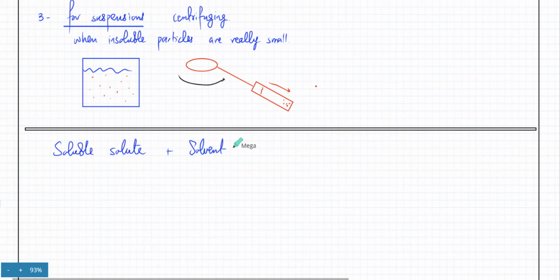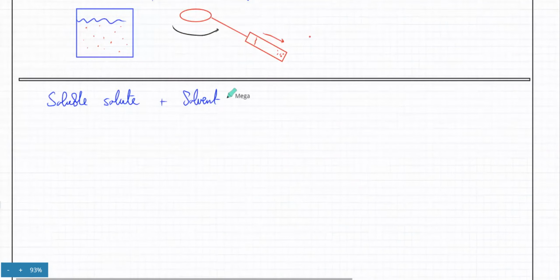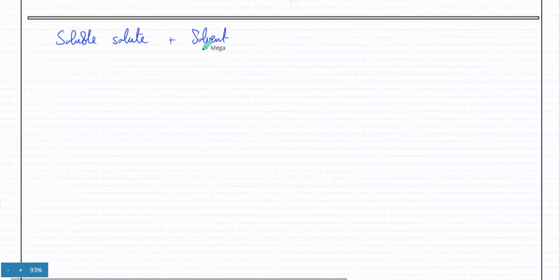One example for a soluble solute plus a solvent is your normal table salt with water. That's NaCl plus water.